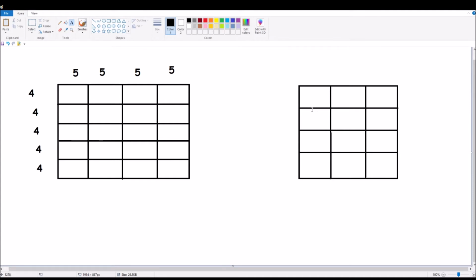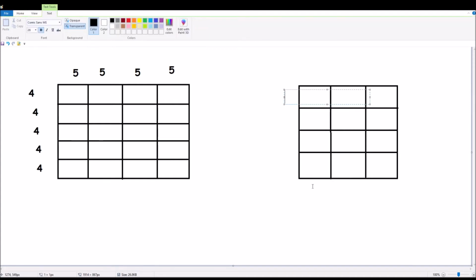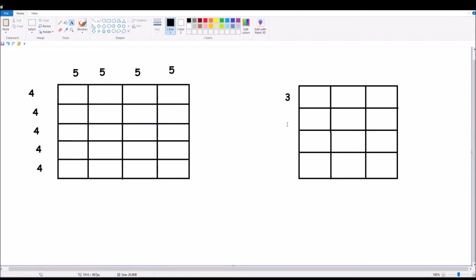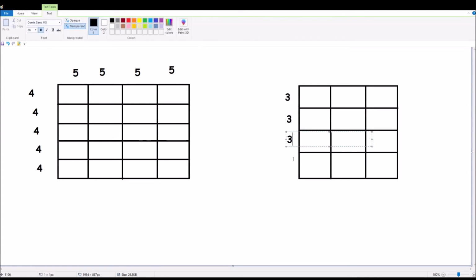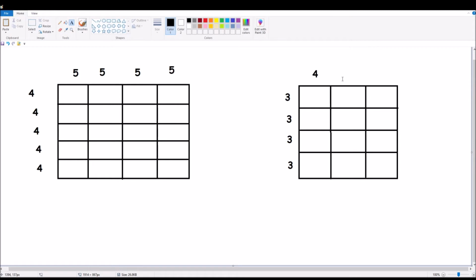Okay, in this one over here, you have 3 in the row, so we'll put 3, and 3 in this row, and 3 in this row, and 3 in this row. Up here, you have 4 in this column, you have 4 in this column, and you have 4 in this column. So you have 4 sets of 3 and 3 sets of 4.